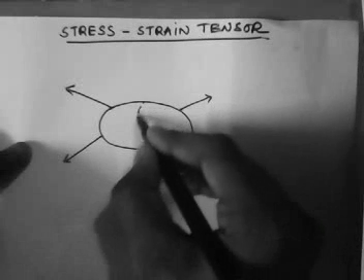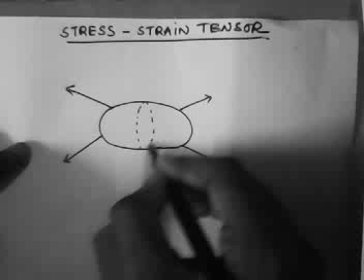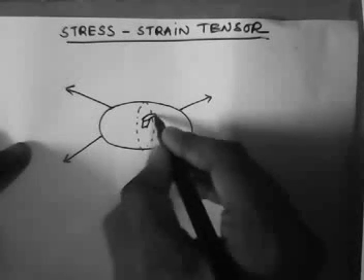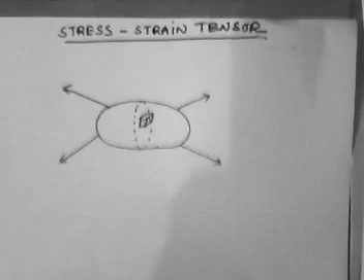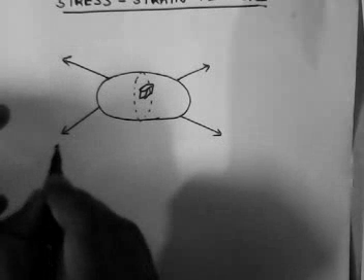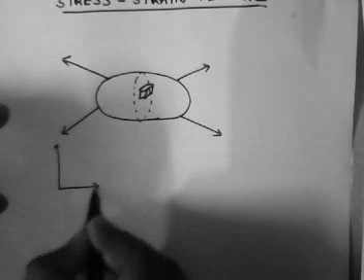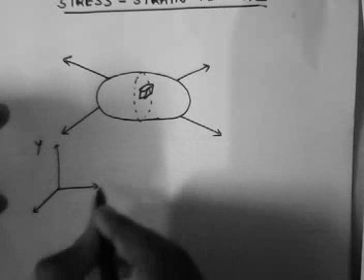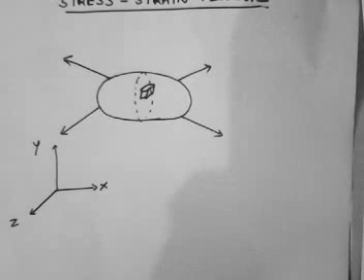Now, if you segregate a small part of it, you have to define a coordinate system, that is y, x and z.